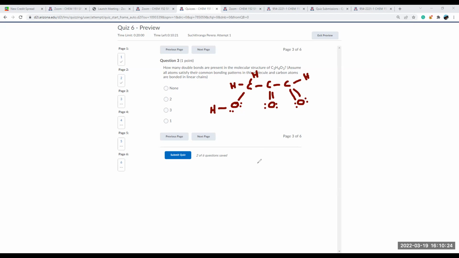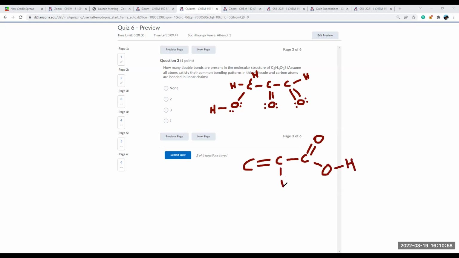Let's draw another one. This time I'm going to have a double bond in carbon. Let's say that we have this situation. We can only have 1 double bond over here, and then if that is the case, I can have a carbon double bond oxygen over here, and then maybe an OH here.